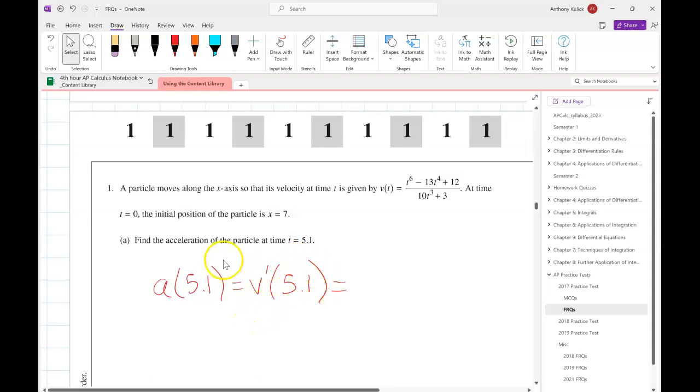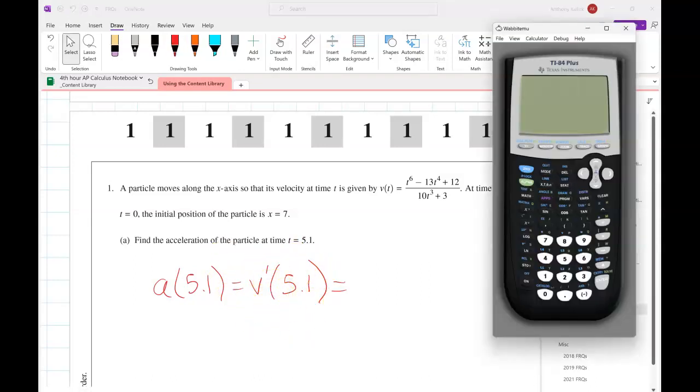So to find that v prime of 5.1, I'm using my calculator. I saw several of you try to do this by hand, and it is a mess. That quotient rule is not fun because there is a whole lot of foiling going on there. You should, in the calculator parts, do nothing by hand.